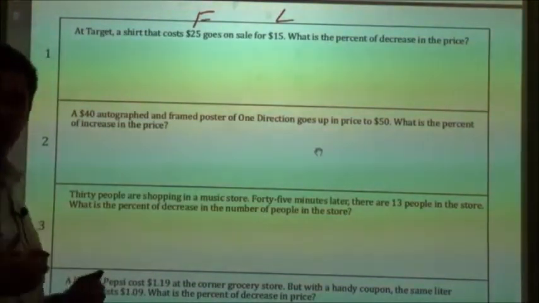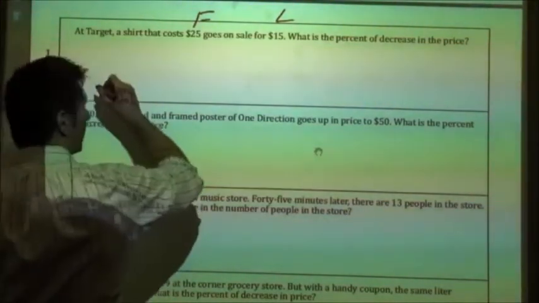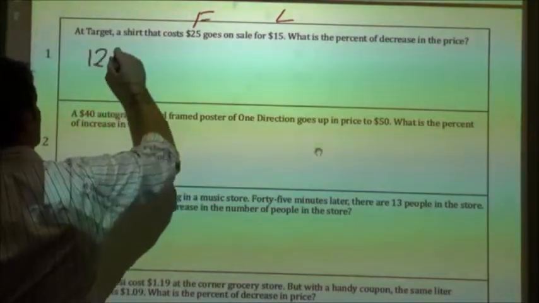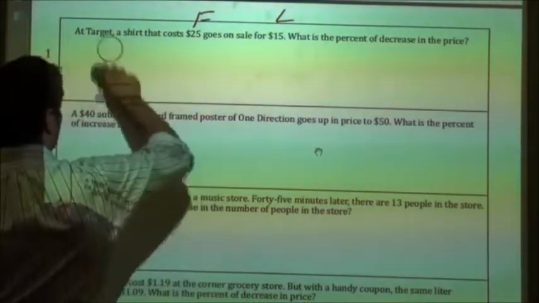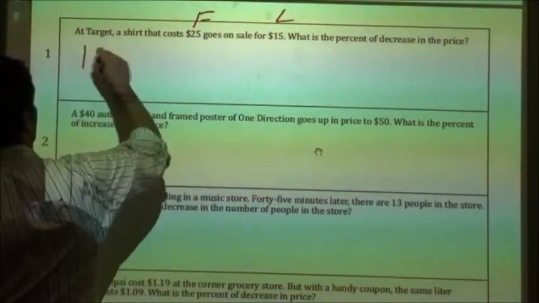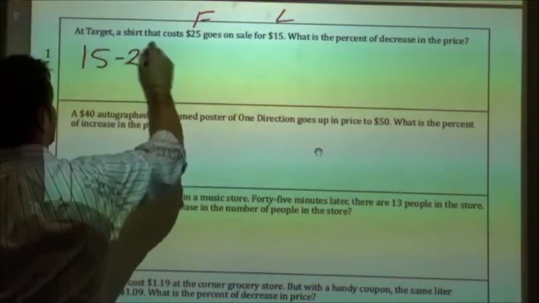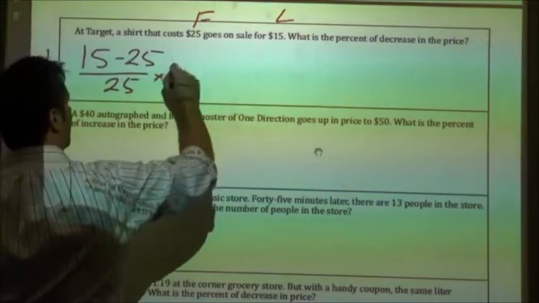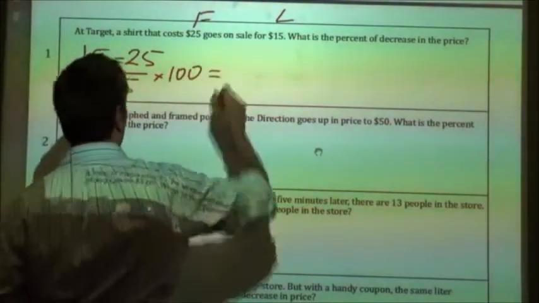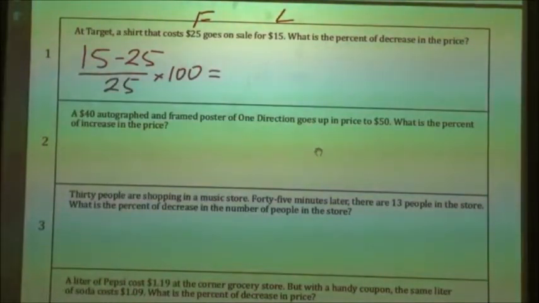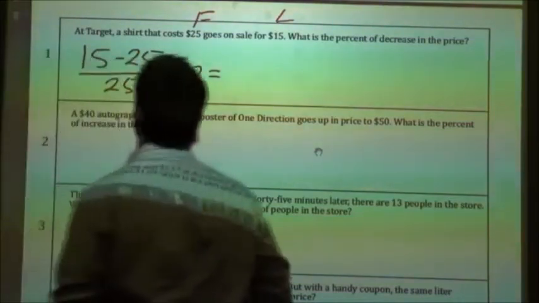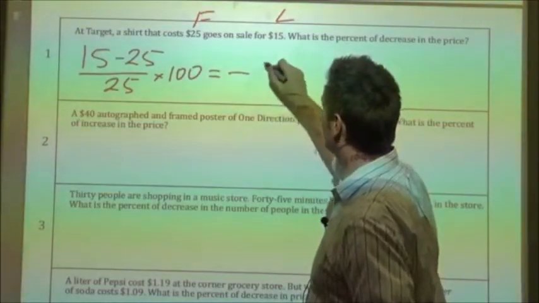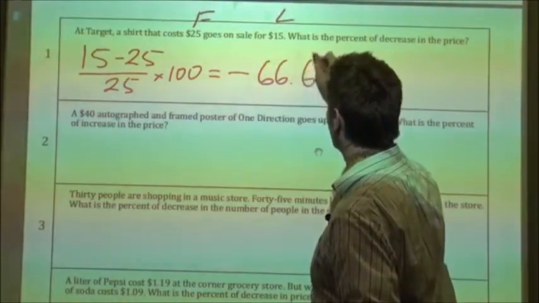Using our formula that we learned, we write as follows: 15 minus 25 over 25 times 100, which in our case will equal what? Equal negative 66.6%.